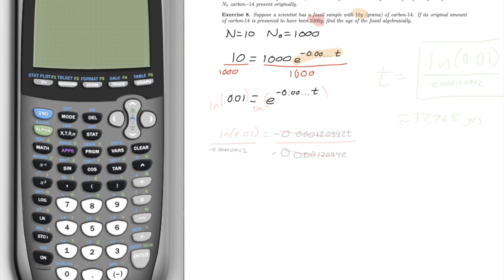We've got the exponential part by itself, and now if I log both sides with an appropriate base, in this case we'll choose base e, we'll end up with a nice number on the left side, 0.01 in the logarithm, and the log function and the exponential function cancel each other out, and we just get the big weird exponent.